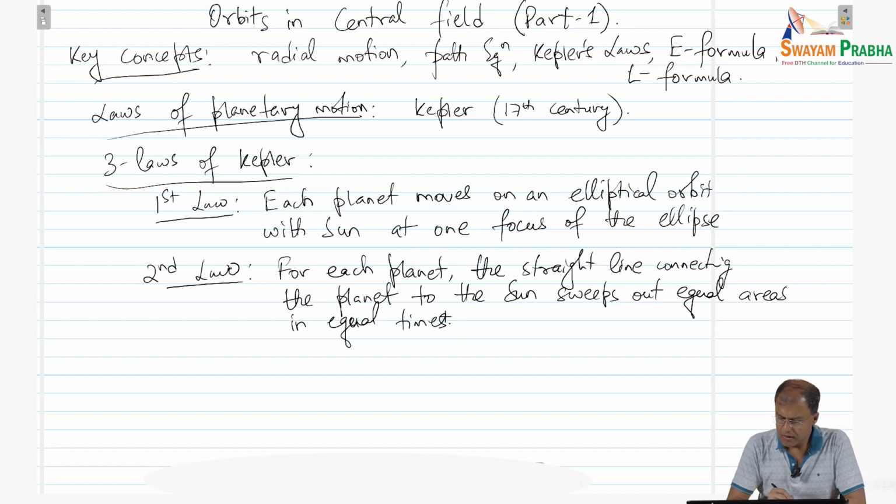Okay. The straight line connecting the planet to the sun sweeps out equal areas in equal times.